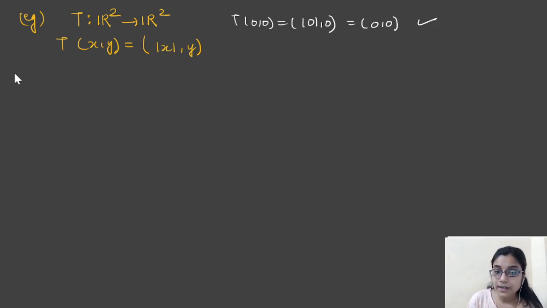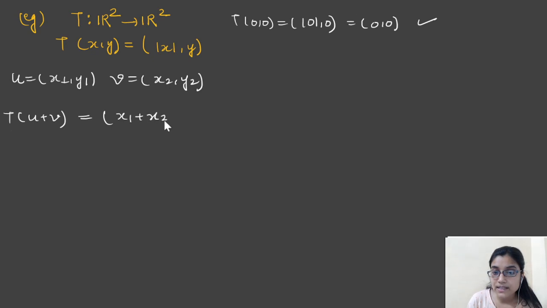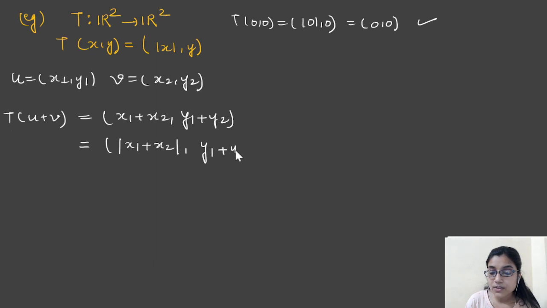So what I did, I considered u as (x1, y1) and I am considering v as (x2, y2). Fine. And now I am checking T of u plus v, that is going to be equal to T of (x1 plus x2, y1 plus y2). So this is going to be mapped to (mod of x1 plus x2, y1 plus y2).